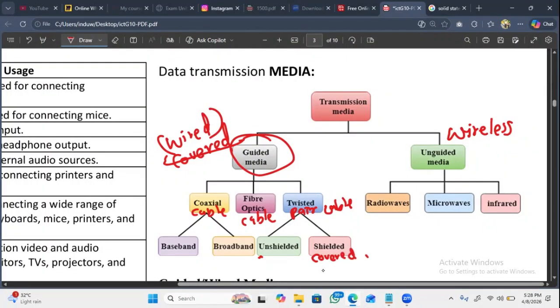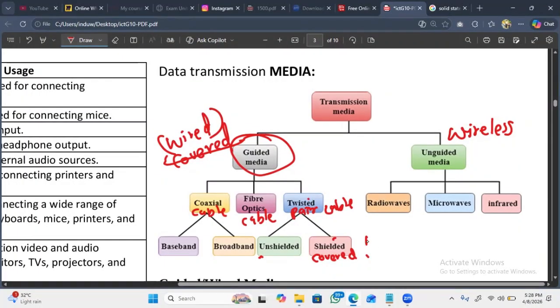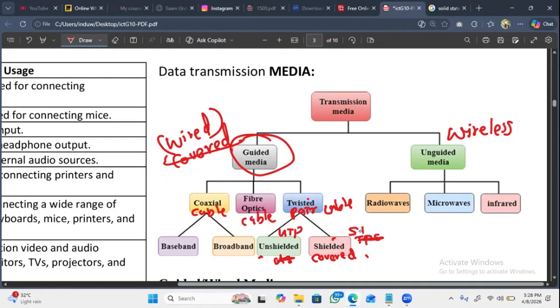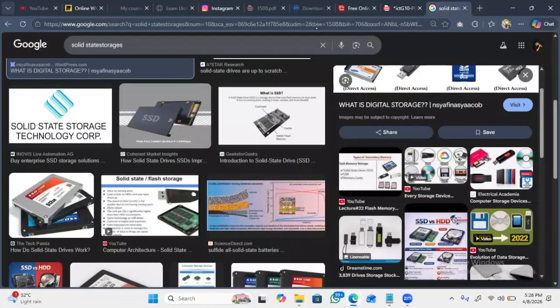We call unshielded twisted pair cables UTP, and shielded twisted pair cables STP. UTP and STP. Here, I'll show you. Nothing big.